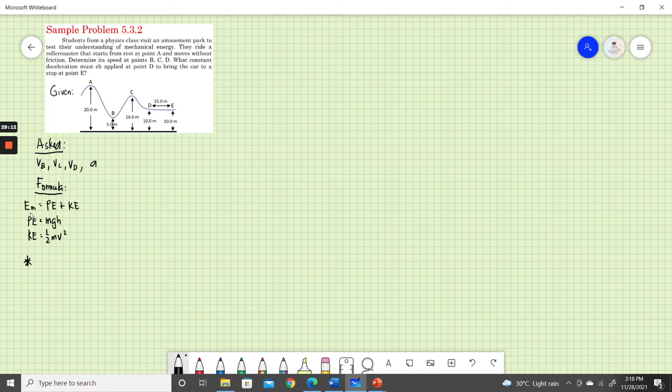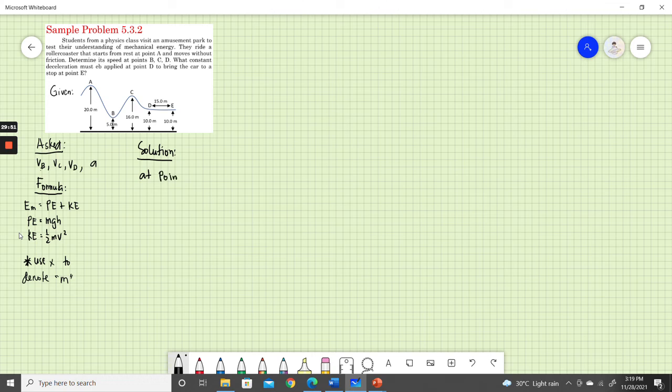So what we're gonna do is we're gonna use letter X to denote the mass of the object. Okay, so just remember that we're going to use letter X to talk about the mass of the object. So let's start with the solution. So what we're gonna do is we're gonna start with point A.